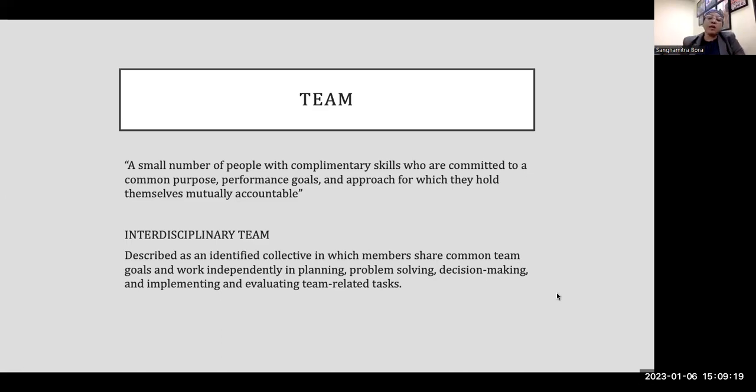You may be a social worker, a nurse, a physician, a physiotherapist, a nutritionist or a dietitian, or a yoga practitioner, but you have the heart to deliver palliative care.